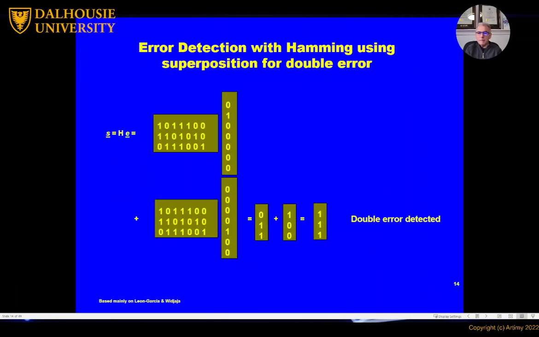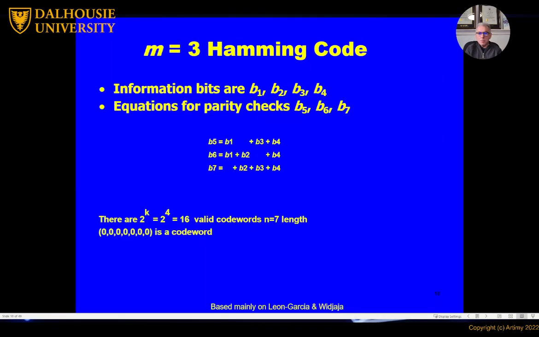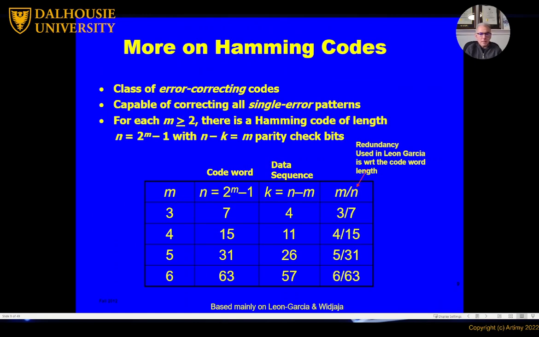Now, if we go back to the redundancies we talked about, we started with 4 bits and added another 3. So the redundancy that we added is 3, which means 3 out of 7 bits are useless. Only 4 are good, right? We can improve the situation a little bit by increasing the number of bits.